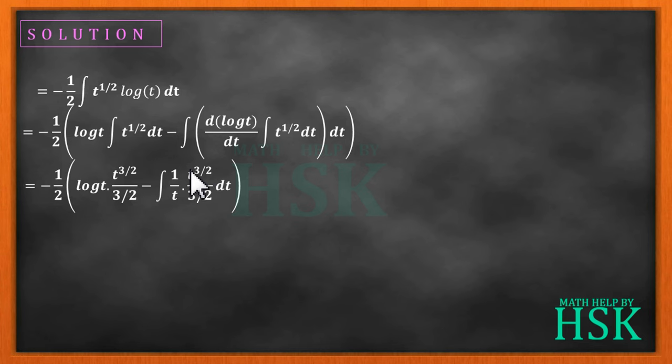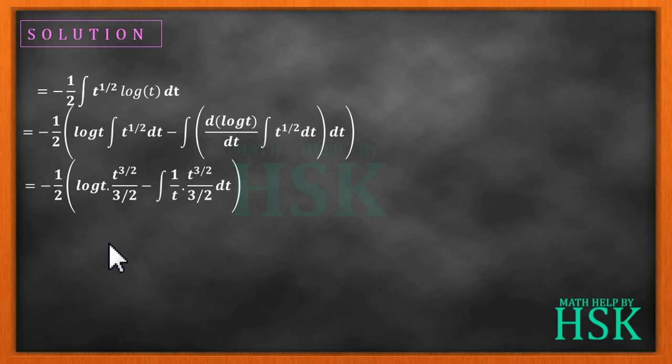Differentiation of log t is 1 upon t, and integration of t to the power of 1 by 2 is equal to t to the power of 3 by 2 upon 3 by 2, and this integration with respect to t is written as it is.